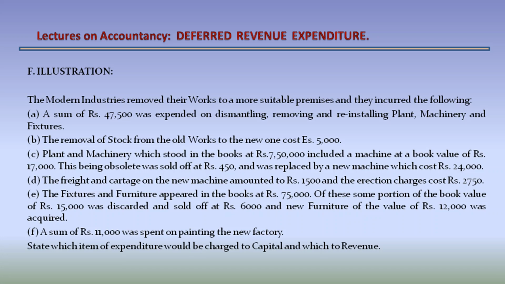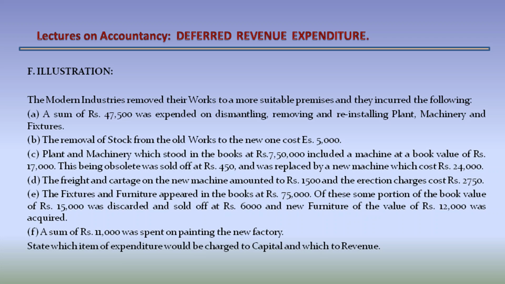Illustration. The Modern Industries removed their works to a more suitable premises and they incurred the following expenses. A. A sum of 47,500 was expended on dismantling, removing and reinstalling plant and machinery and fixtures. B. Removal of stock from the old works to the new one cost 5,000 rupees.